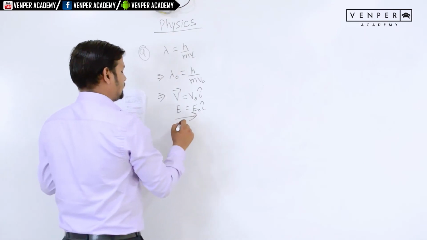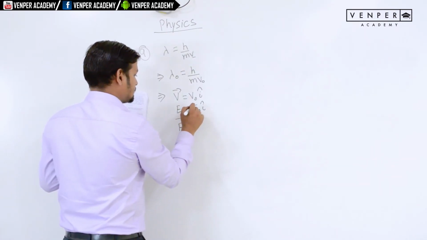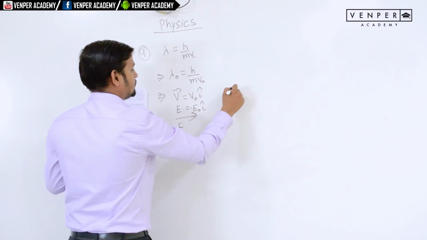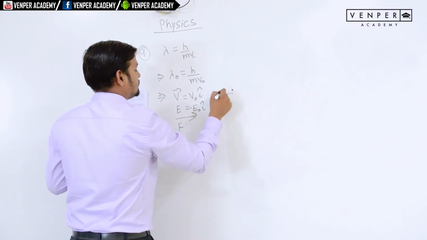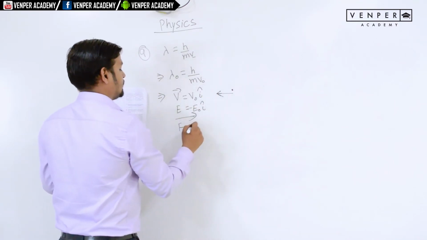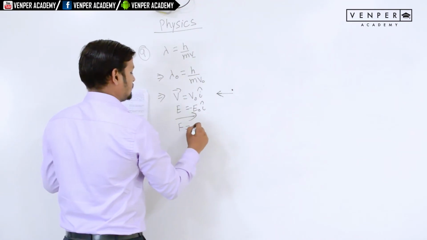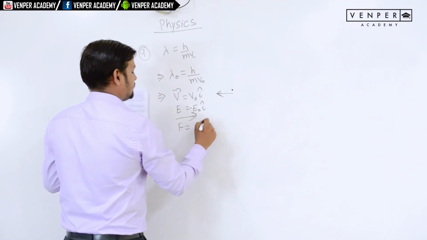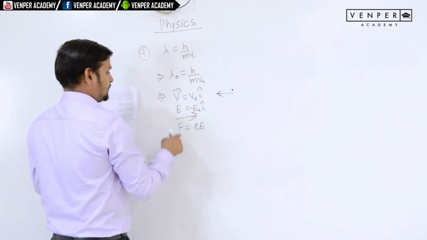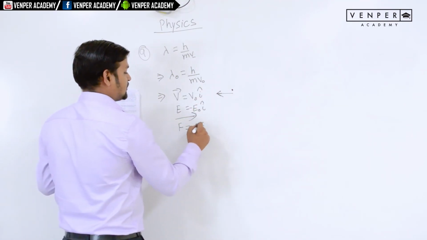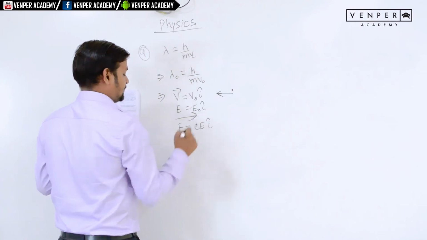So due to this electric field, a force, given as minus E naught i cap, because this is an electron, so the electron will move in the opposite direction to that of the electric field. So F will be equal to, with sign, E into E naught, because minus E naught, and for that electron, so you will get F is equal to E E naught i cap.